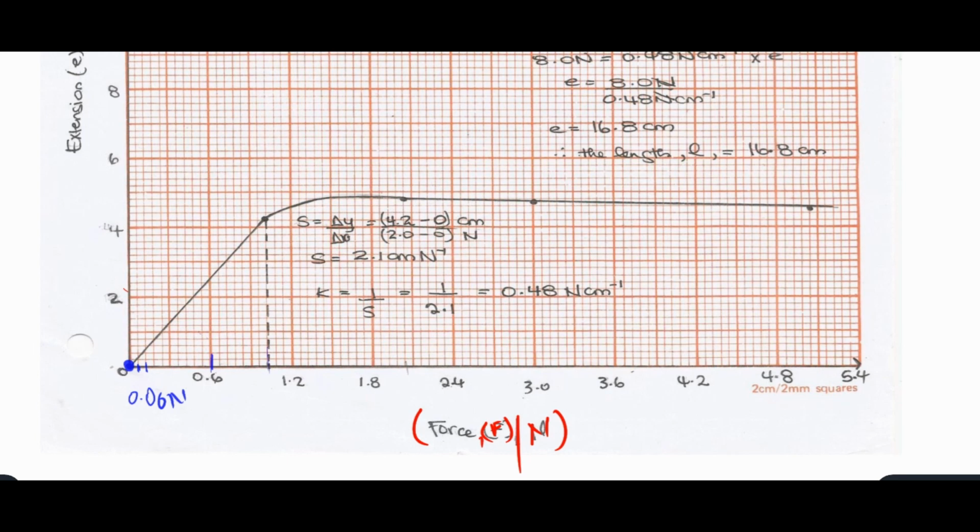How do I know that? 0.6, so 1, 2, 3, 4, 5, 6, 7. 0.06 times 7 is 0.042, and if I add 0.6 to that, I would get 0.642, which is the closest to 1. So I'll just plot it right there.